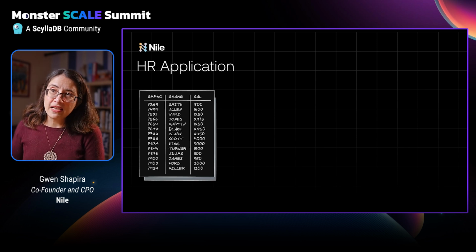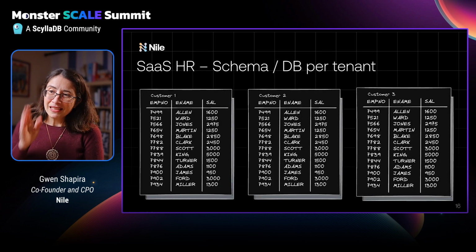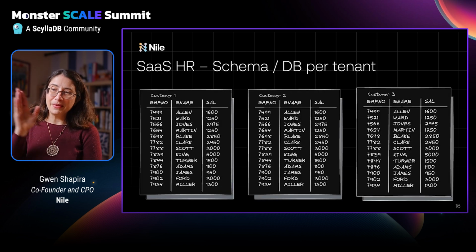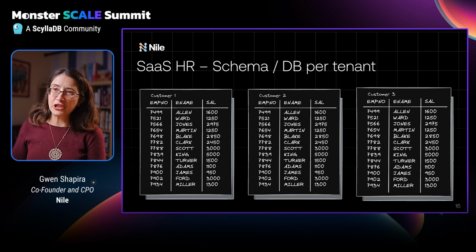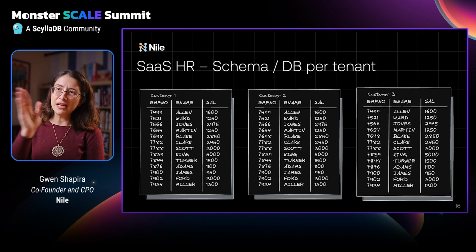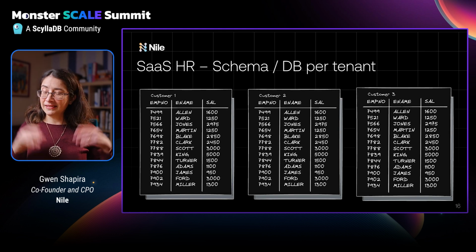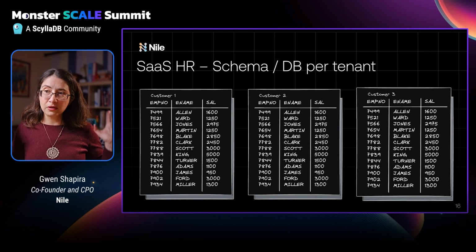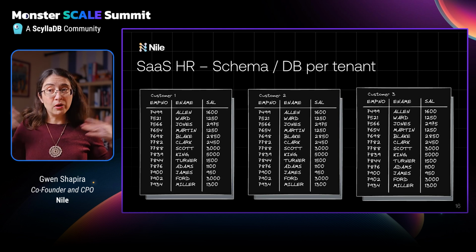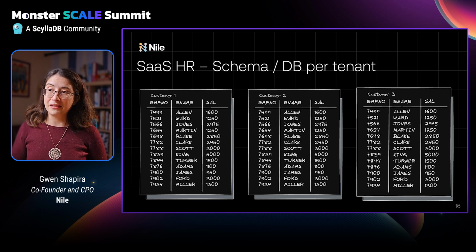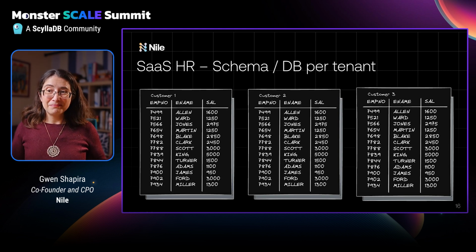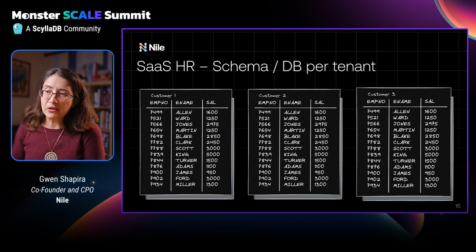There are two ways to make it multi-tenant. One is to keep adding either schemas or databases, one for each customer. So we have the database for customer 1, customer 2, customer 3. It's really nice, highly isolated, very secure. You can tune every customer, but you now have to manage all those databases and tune everything for every customer.